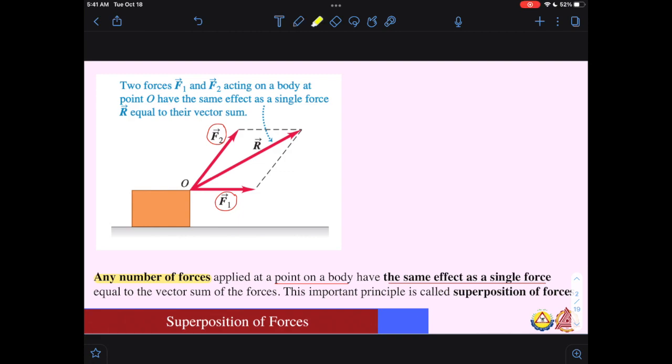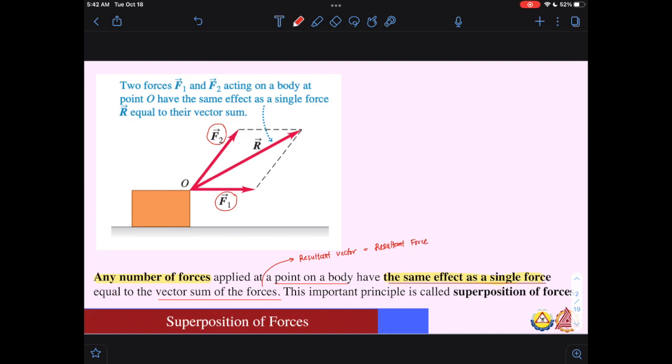So the effect of the two forces under the principle of superposition is as if one force is applied, as long as that one force is equal to the vector sum of the forces. In other words, that vector sum is just the resultant vector. Now in this case, since we are dealing with forces, our resultant vector is appropriately called our resultant force.